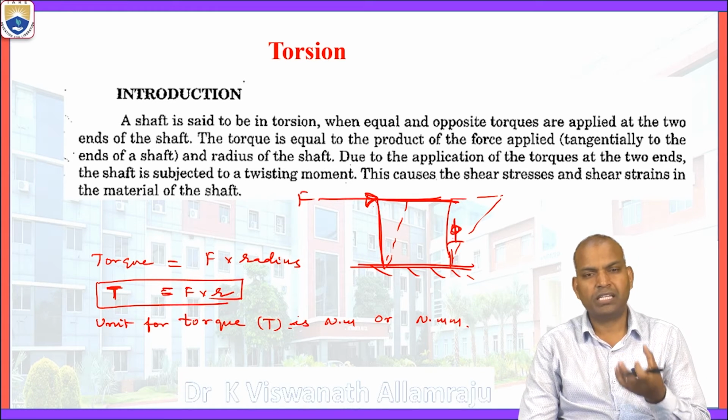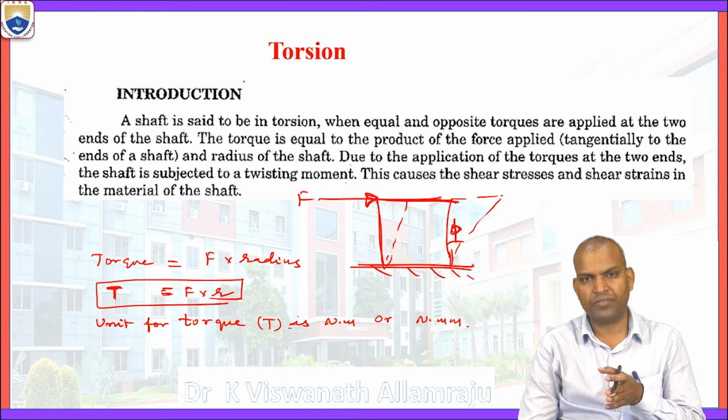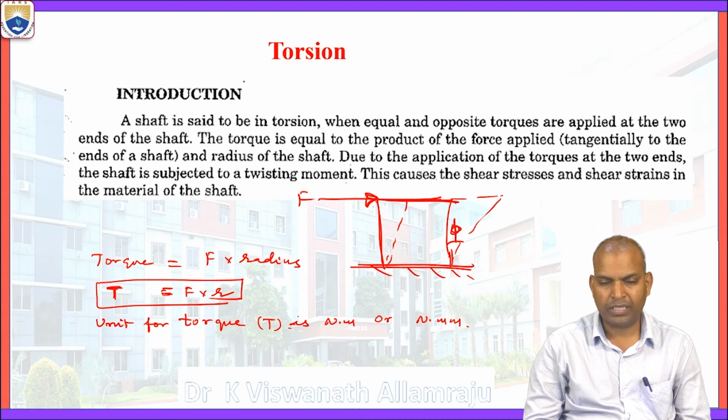So from the basic concepts, we have derived in this session the relation between shear stress, modulus of rigidity and angle of twist, and the shear stresses induced and developed in a circular shaft subjected to a twisting moment.